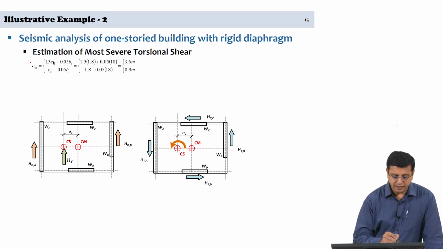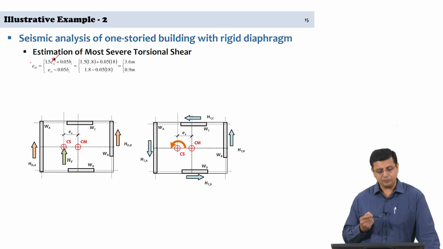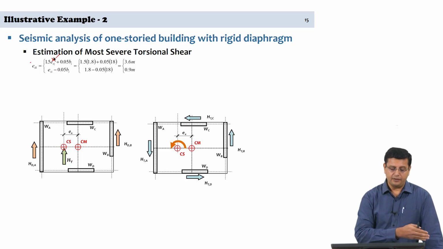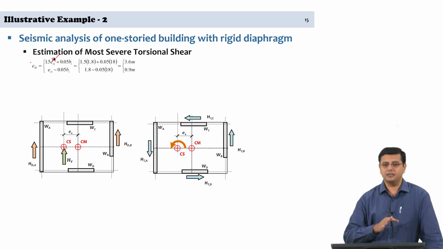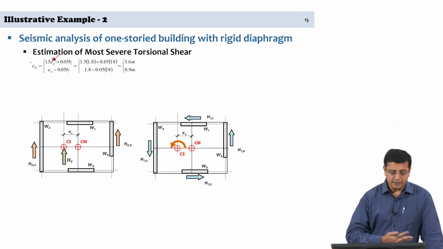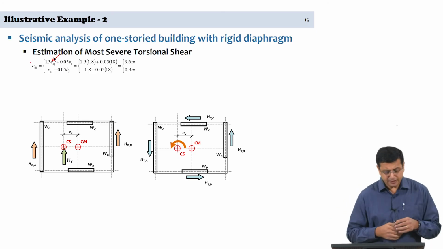Here ESI is nothing but the static estimate of the eccentricity, which is what we have been doing all along. We have made an estimate of the eccentricity, but this is the static eccentricity. Under dynamic conditions, larger eccentricity is expected because our calculation does not implicitly assume dynamic effects.